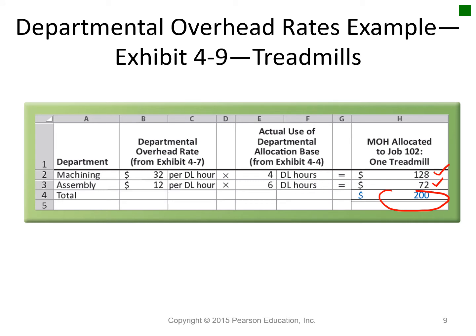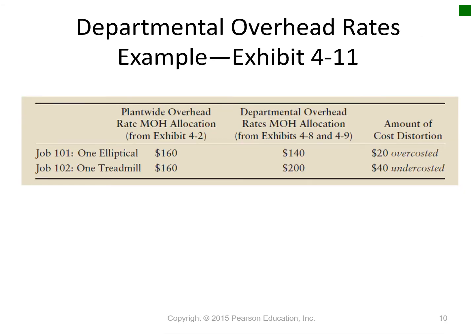And then if you go back and compare this to just using one overhead rate for everything, you'll see how the overhead allocation assignments do change for each particular product. So again, notice we came up with, I believe it was $160 for each of these, and when we switch to departmental overhead rates, you can see how the overhead allocation changed.